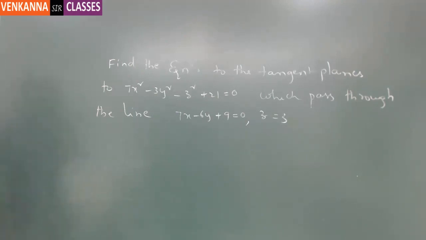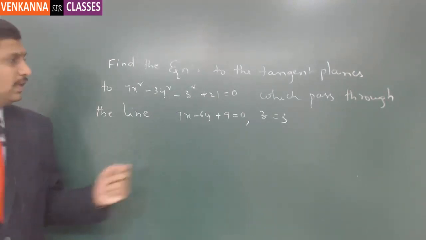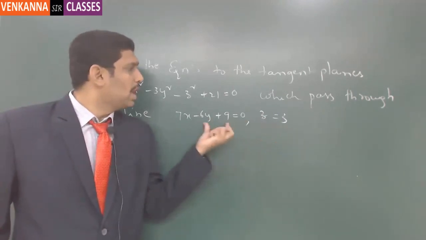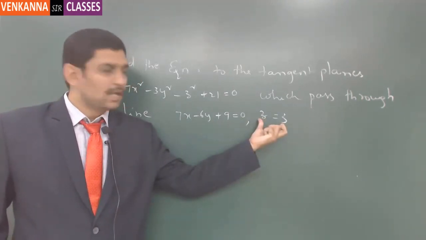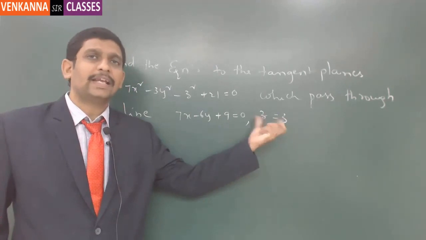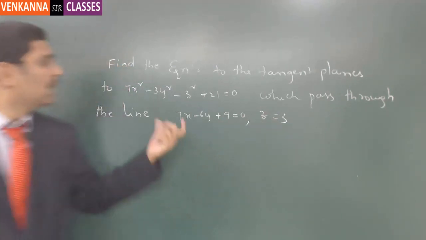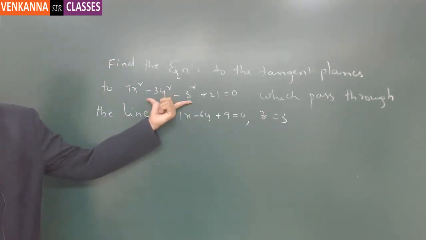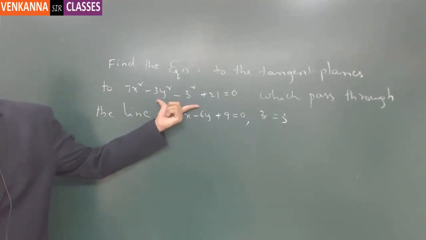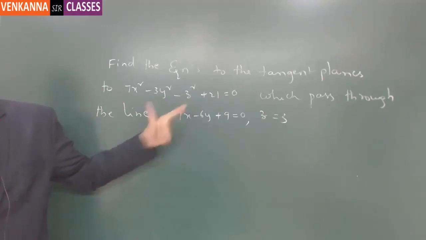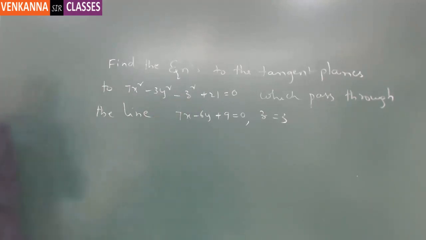Right. Now, here these two are nothing but planes and they will intersect. It is nothing but a line. And this is the conicoid equation given. Generally, we observe that whenever the conicoid equation is there, we need to understand whether it is in the standard form or not.